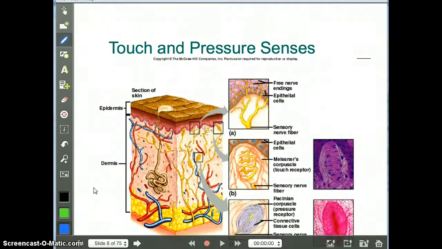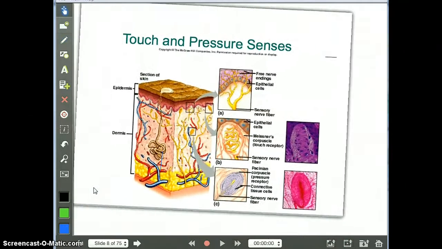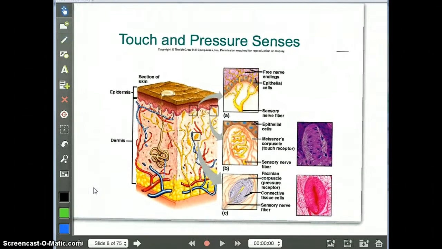So if I take a look at this illustration here, the illustration will help us identify it. Bring it up a little bit. Here are our free nerve endings. There is the base of your epithelial tissues here. Now, these free nerve endings are going to wiggle their way on through this epithelial, and they're actually going to be inside of the skin layer.